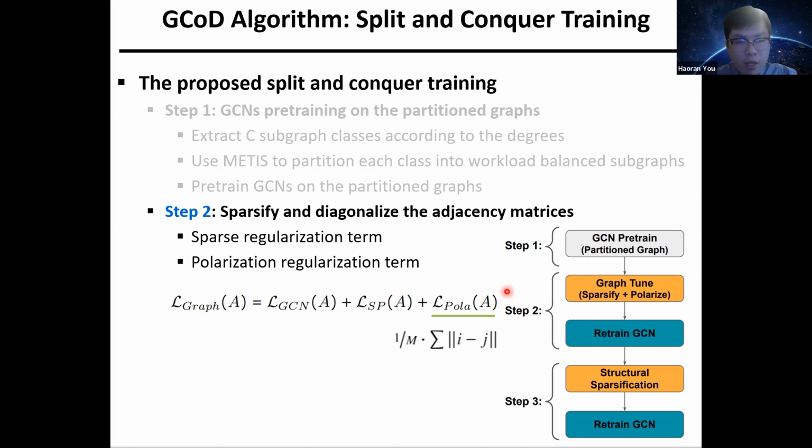As for the polarization regularization term, it will be the normalized absolute value of the subtraction of row index and column index. Since these regularization terms are not differentiable, we follow prior work to use ADMM for optimizing them.